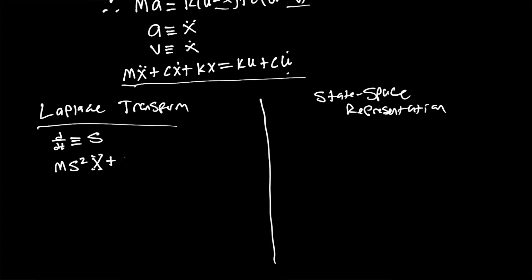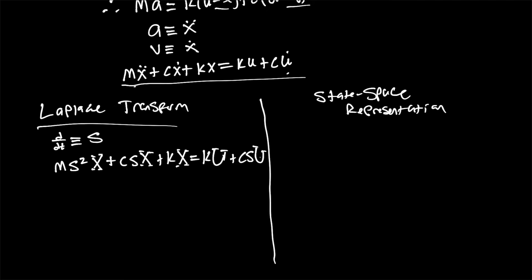To that, we're adding cs times capital X plus k times capital X. Each term on this left-hand side has had the Laplace transform applied to it, therefore they are all capital X. And this is equal to k times capital U, again doing that Laplace transform, plus c times s times capital U.